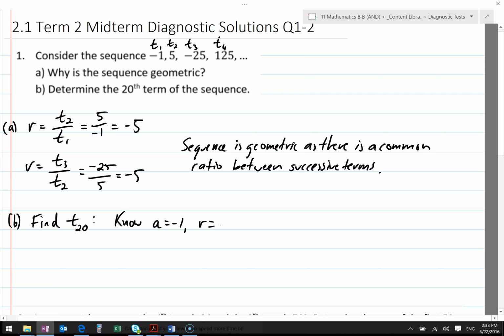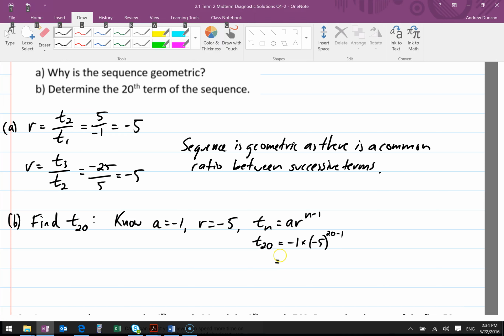I know that the common ratio is -5, and I know that I can find the general term by this formula. So to find T20, it'll be the first term multiplied by the common ratio in brackets to the power 20 minus 1. And we'll go to our calculator and do that.